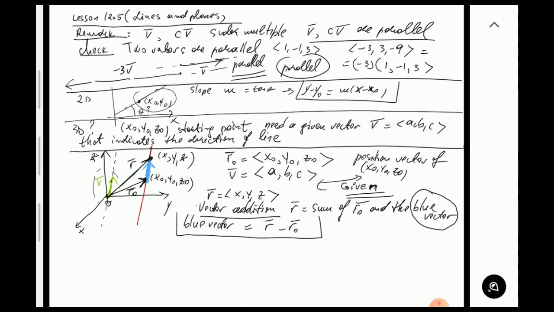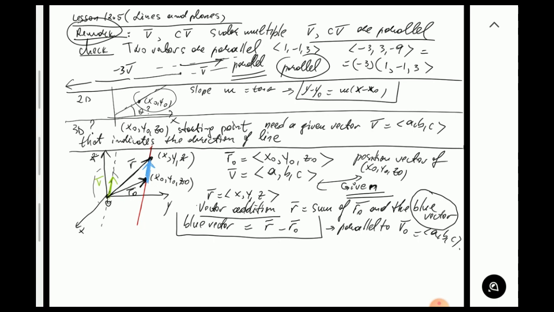On the other hand, the blue vector is also parallel to the direction of the line given in the problem, a, b, c. So how do I write that, based on the remark I mentioned at the beginning of the class? Two vectors are parallel if one is a scalar multiple of the other.